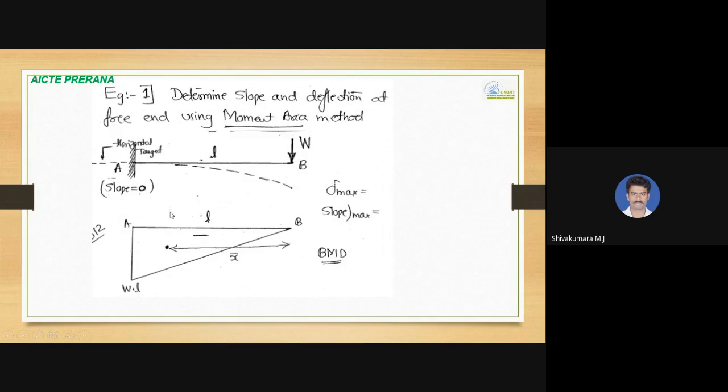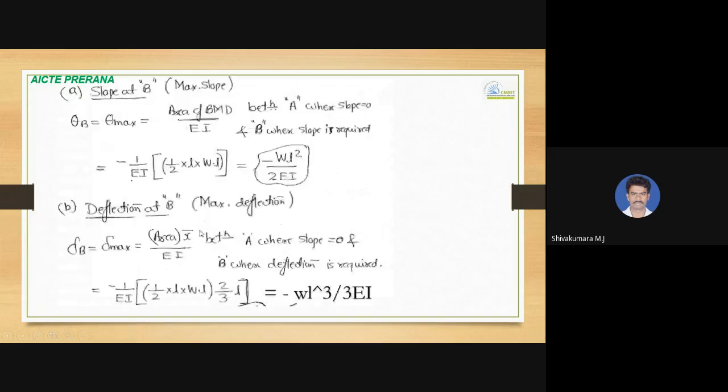Centroid is located at a distance of two-third of L from B. You should multiply this two-third of L. So that is what is done over here. Half into L into WL into two-third of L divided by EI with negative sign convention. So minus WL cube divided by 3EI you are going to get if you substitute this.